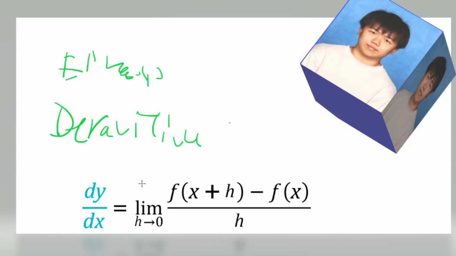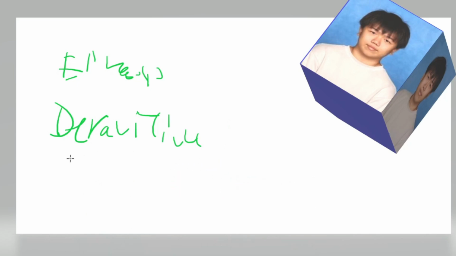It is the limit of a function. A derivative is an equation that tells you the rate of change or the slope at a certain point on a graph.